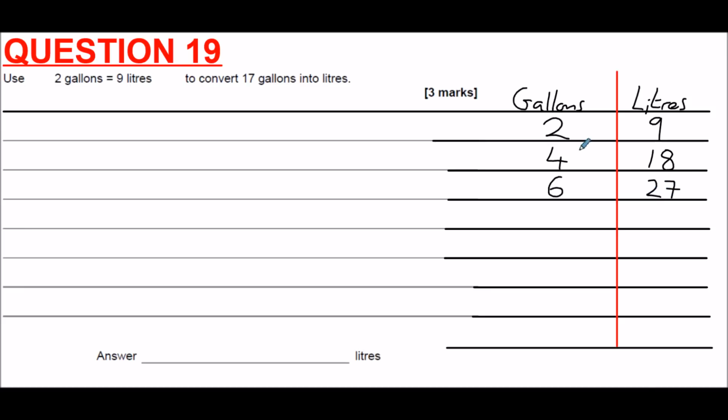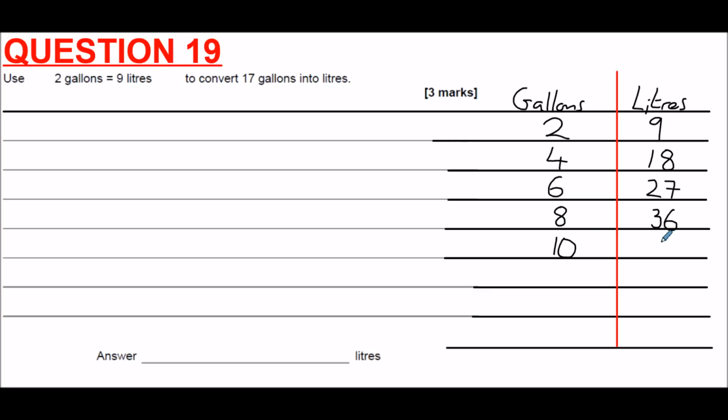What we're going to do is just build up step by step, adding another 2 gallons on this side each time. But because 2 gallons is the same as 9 litres, this side we're going to be adding on 9s. So what we're doing in effect is the 2 times table for the gallons and the 9 times table for the number of litres. So we're just building it up and up until we get to where we need.